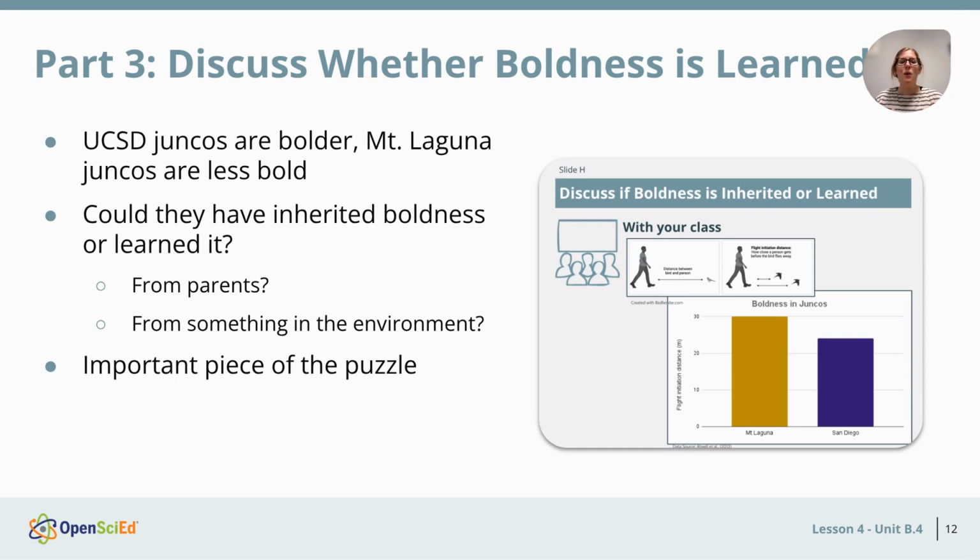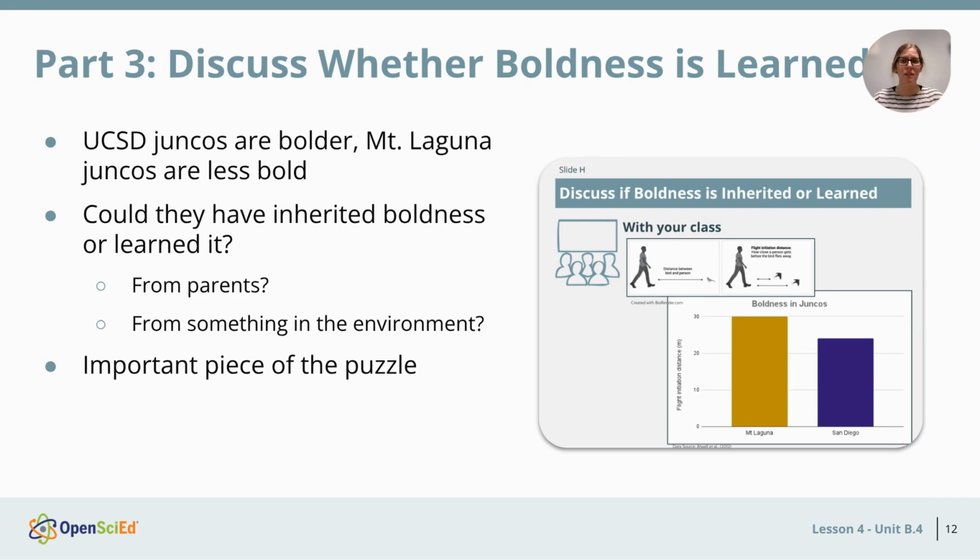It's how close a human is able to get to the birds before they fly away. And with the juncos on UCSD, humans are able to get closer to them. And then we discuss, could they have inherited boldness or learned it from their parents? Was there something in the environment, maybe loud noises, that led to this change in boldness?